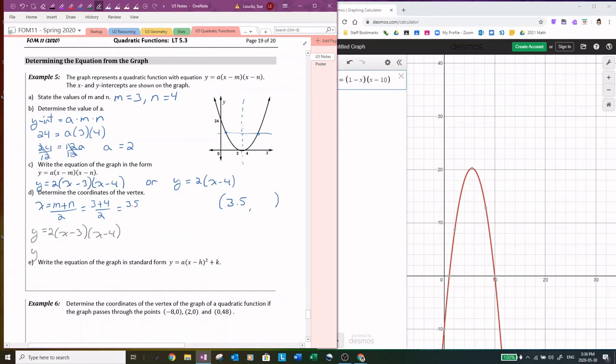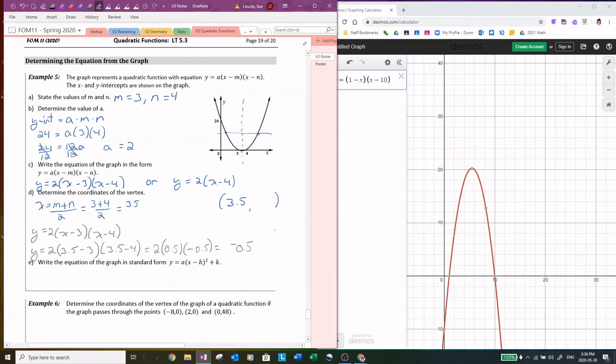So this becomes y equals 2 times (3.5 - 3) times (3.5 - 4), which is 2 times 0.5 times negative 0.5, which is negative 0.5.